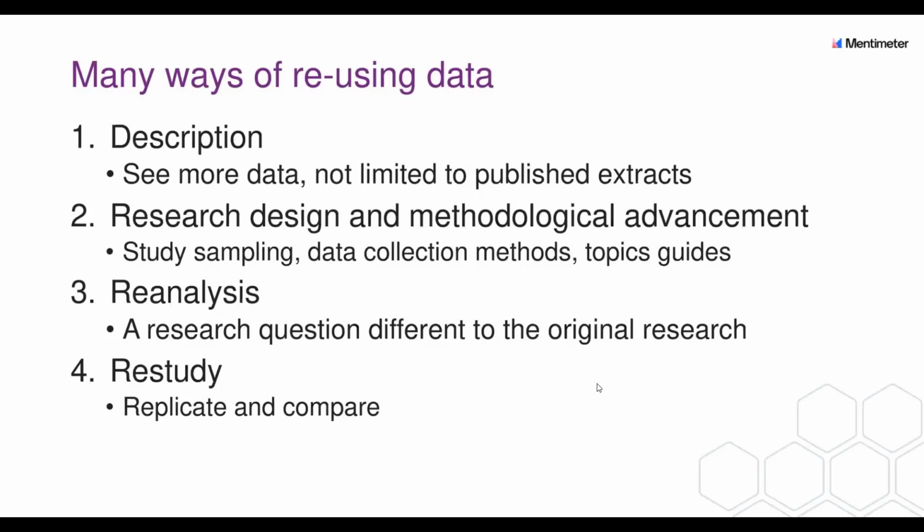So you might not be able to see all of the data depending on what's available in the archive, but you can certainly see more of the data than what was originally published. That way you won't be limited to just what researchers thought was salient for their research questions and topics. You can actually explore it a little bit further and see what might be of interest to your questions and the setup for your particular project.